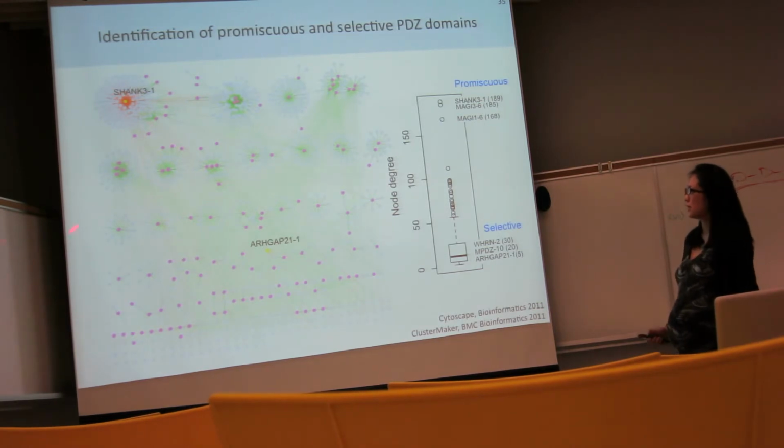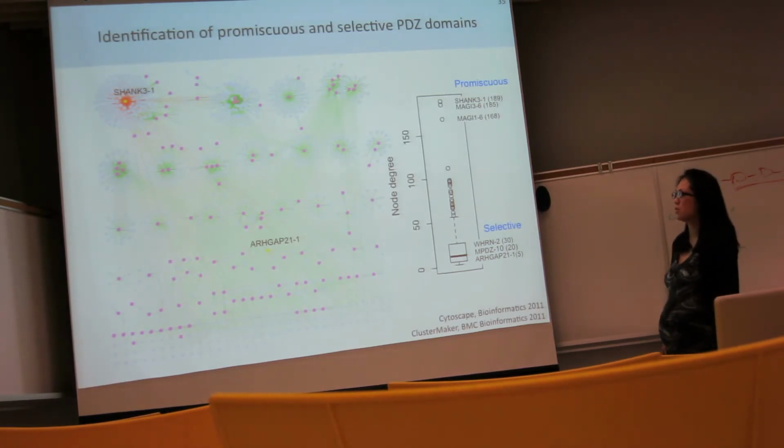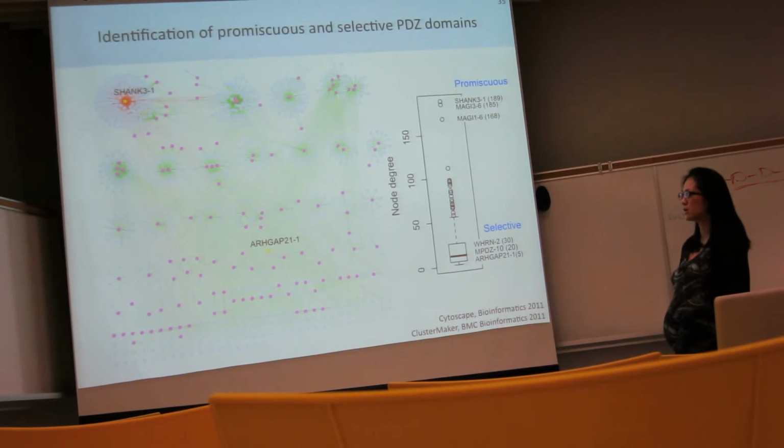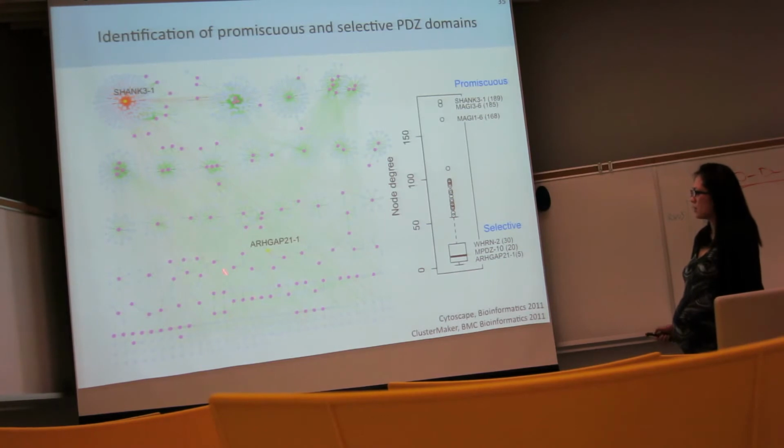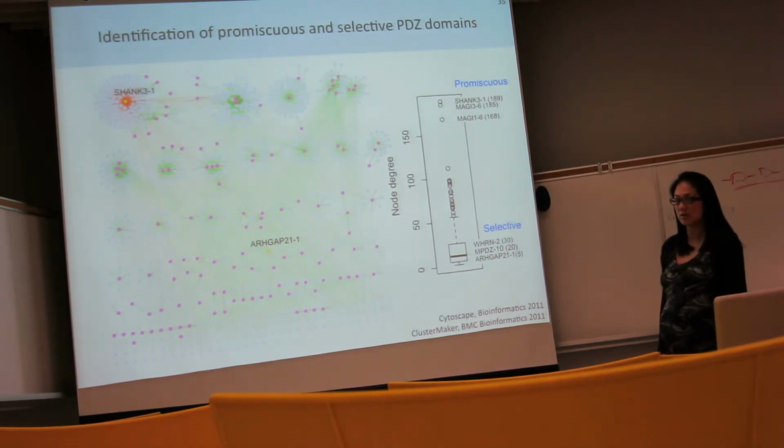Promiscuous domains would be, for instance, Shank3 PDZ1, which is predicted to bind over 200 different targets. These targets are enriched in different biological processes, such as neural development and actin filament organization, compared to more selective PDZ domains, like RGAP21 PDZ1, which has 5 binding partners, and they are all enriched in GTPase activity function.